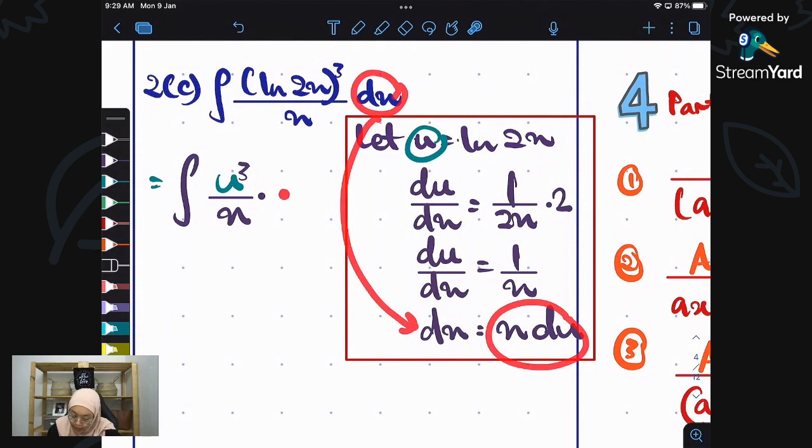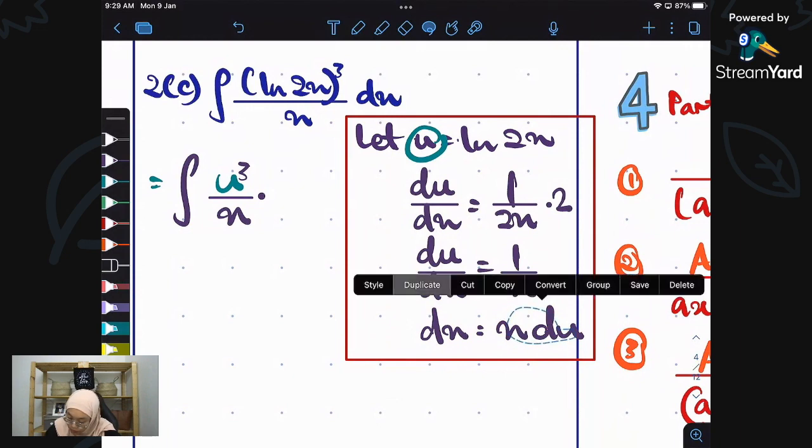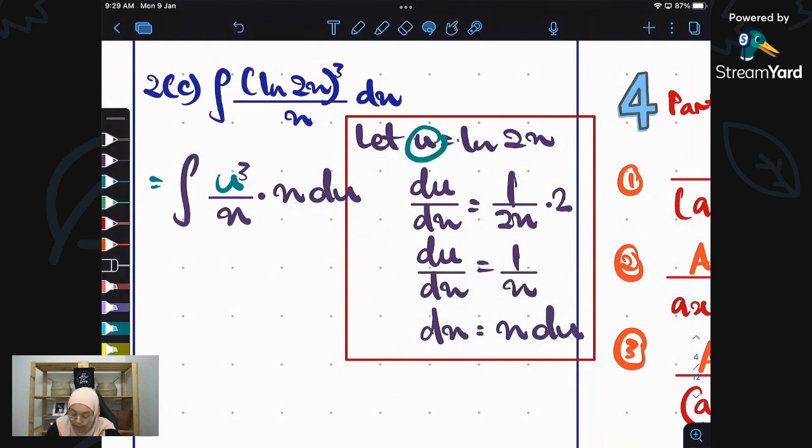So put it here. And then you will see magic. x will be divided by x, which gives us 1. Therefore, we are left with u cube only, and integrate with respect to u. So you have nothing to worry about. Everything has become in terms of u.